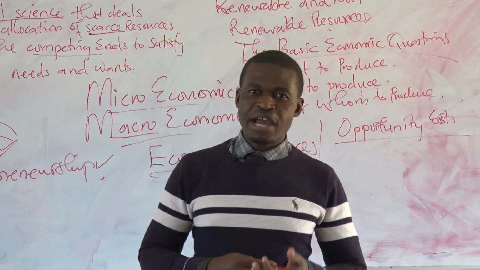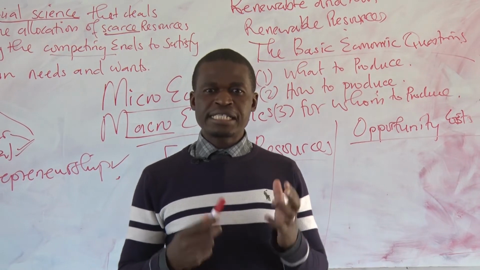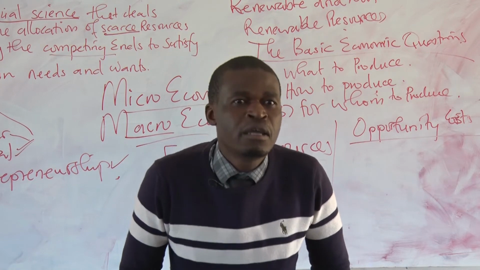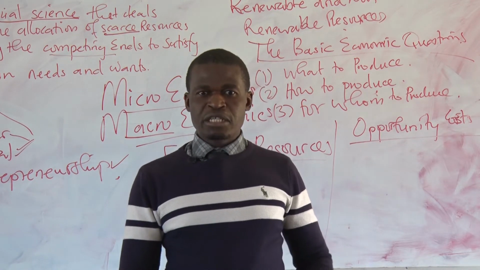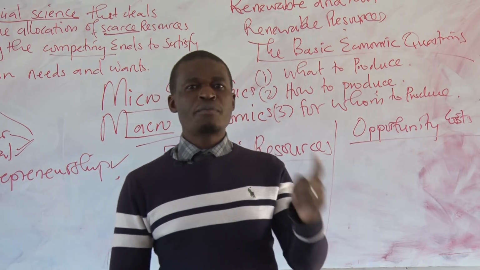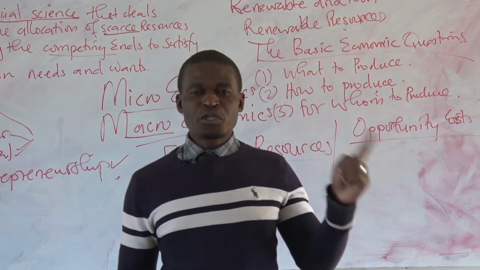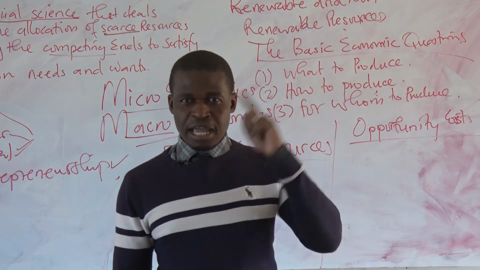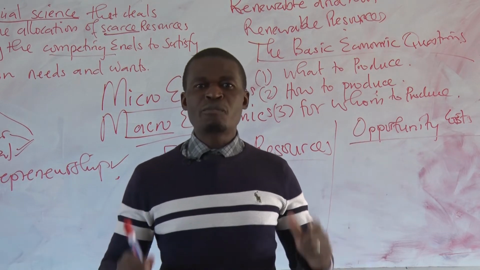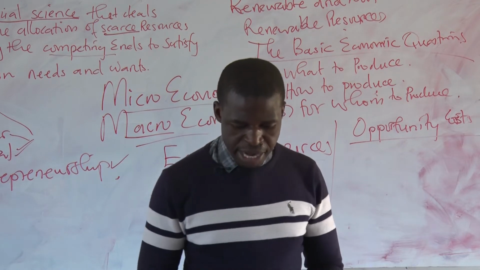Opportunity cost is the value of the next best alternative that has been foregone as a result of our choosing the alternative that we would have chosen because of the limitation in our resources. For example, if I've got $1, I have got two options, either to buy biscuits or to buy bread. So the opportunity cost of me buying bread is the biscuits. The opportunity cost of me buying the biscuits is the bread. I cannot buy both of them. That is opportunity cost, right?